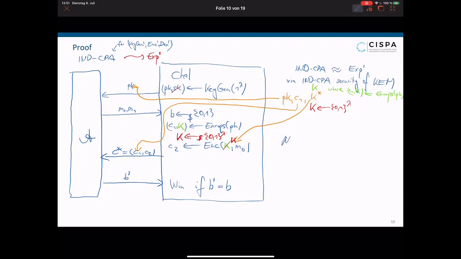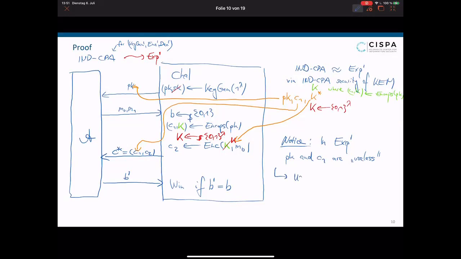So I just say notice in X prime, PK and C1 are useless in the sense that they are independent of the actual ciphertext C2, right? Nothing about K ever goes out, except for the ciphertext C2.